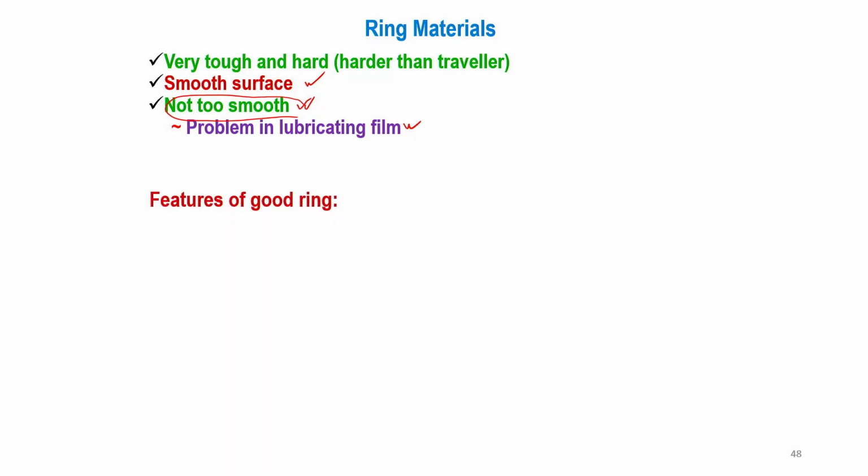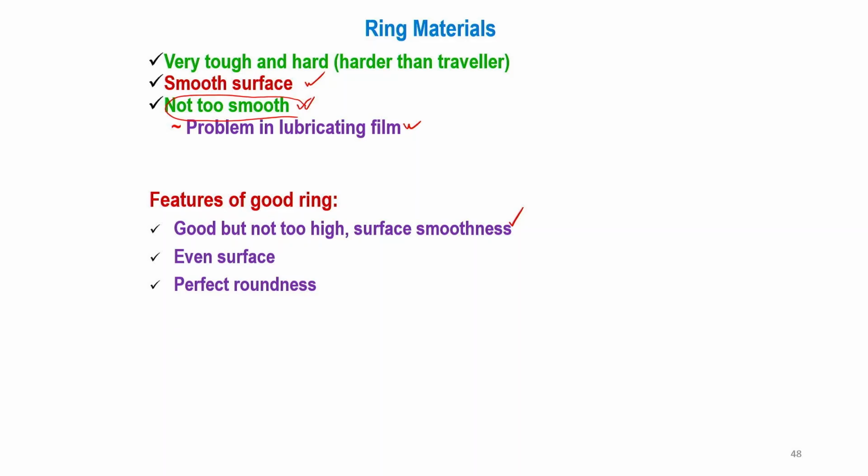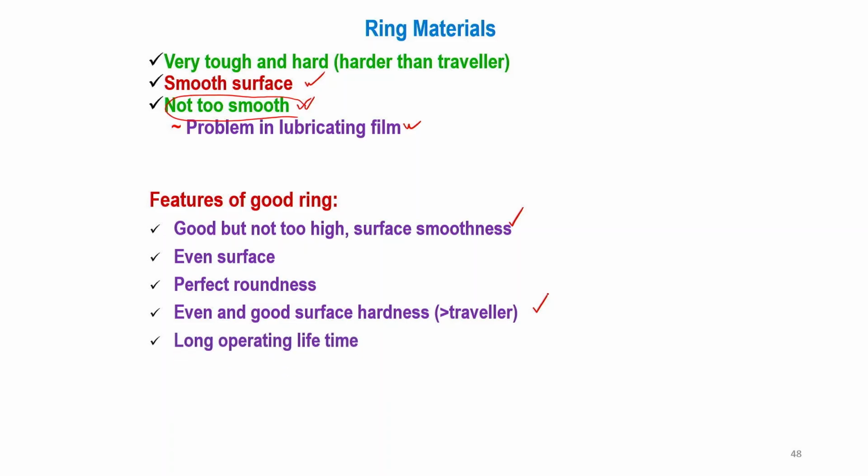The features are good but not too high surface smoothness, as we have discussed, an even surface, perfect roundness with no eccentricity or ovalness, and even, good surface hardness, more than the traveler. It should have a long operating life.